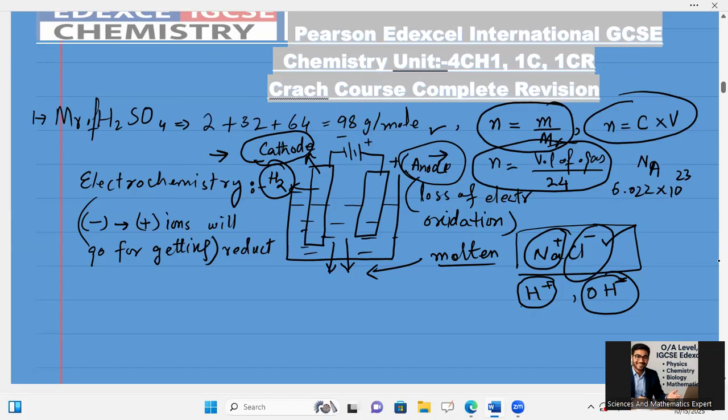And this electrochemistry is used for the extraction of metals, like copper extraction by using inert electrodes, where copper ions shift towards the cathode and start depositing there, which is used for the extraction of copper metal.